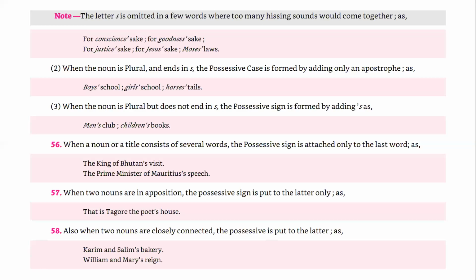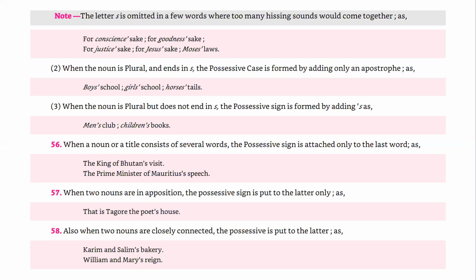For example, Kareem and Salim's bakery. Here, maybe Kareem and Salim are two brothers. Both of them jointly own a property or a business of making bakery products. So here, Kareem and Salim both go, and apostrophe s is put.